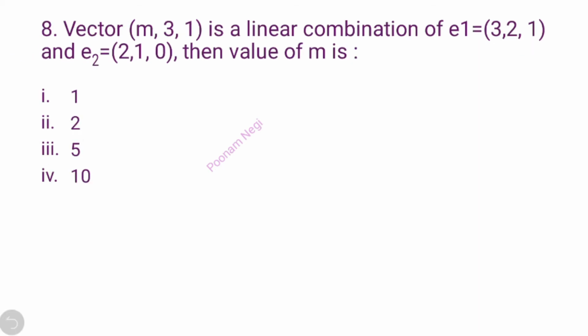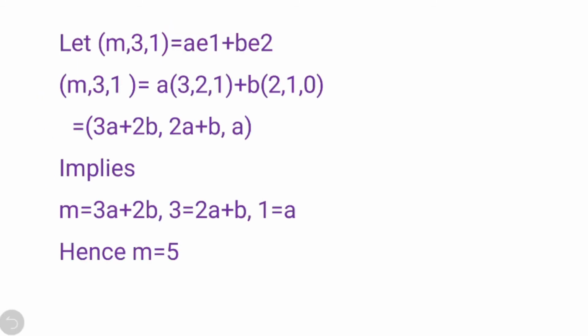Next question is, the vector (M, 3, 1) is a linear combination of E1 and E2, then the value of M is. Let's try to calculate the value of M. Let (M, 3, 1) equal A E1 plus B E2.